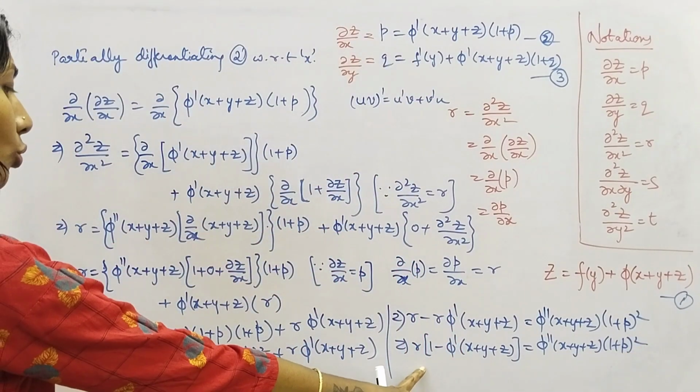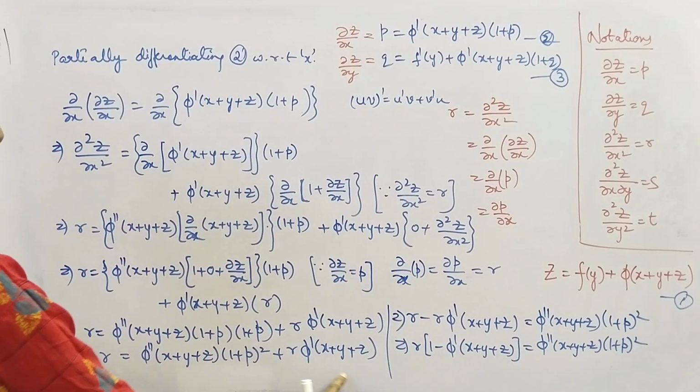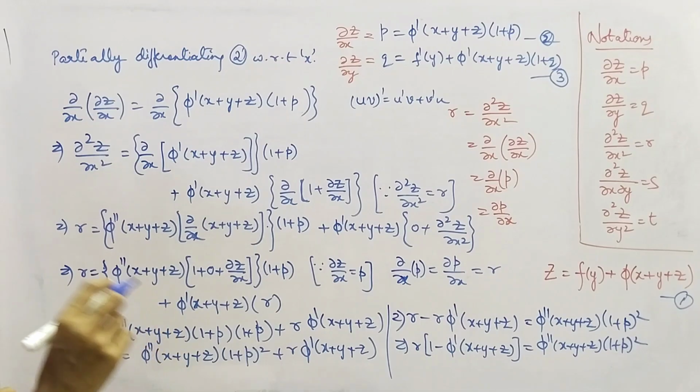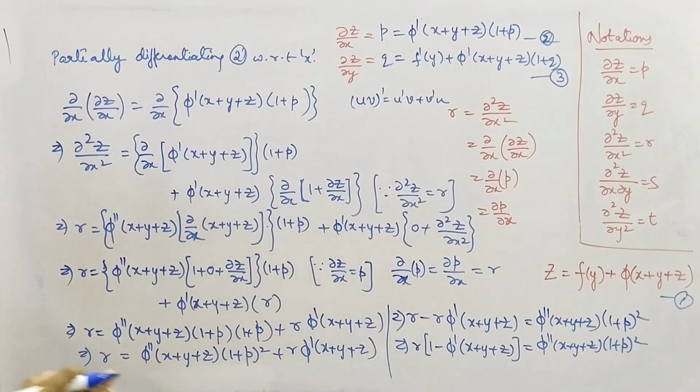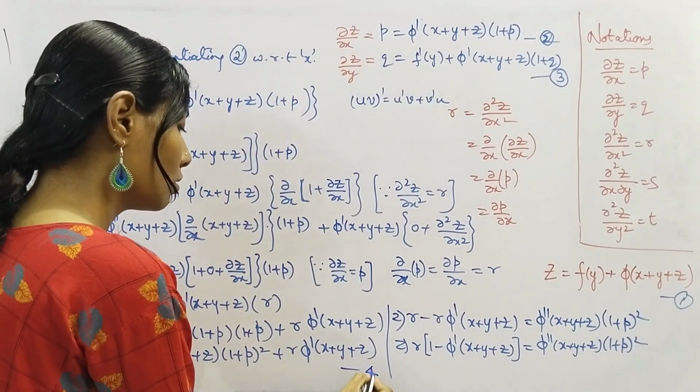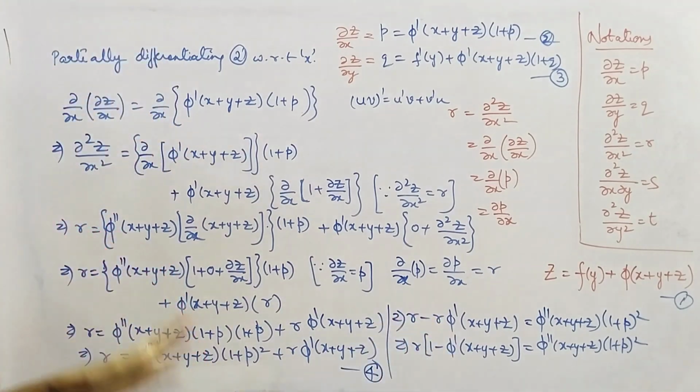Okay, instead of doing this, consider this equation as equation number 4. If you're not that good at these problems, just consider it as equation number 4. Okay, we'll use this further. Right, I just wanted to show you here, so I just continued for the next 2 steps also. Consider this equation as equation number 4.